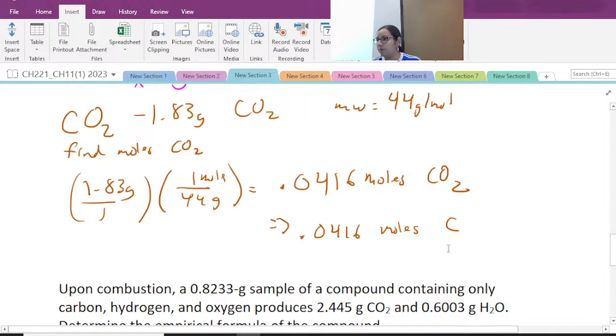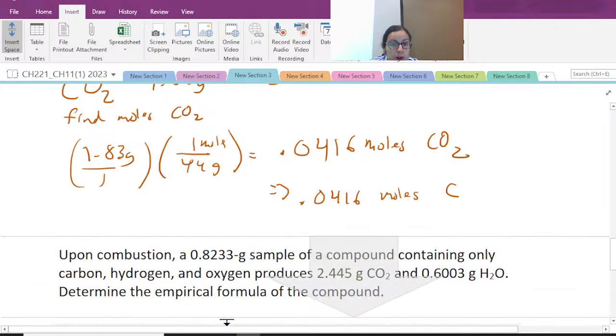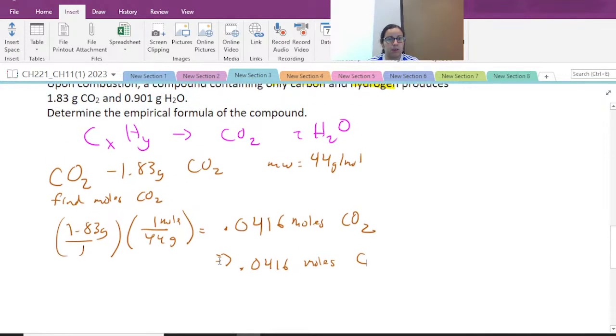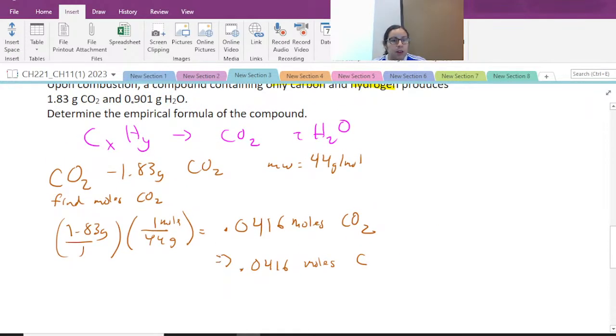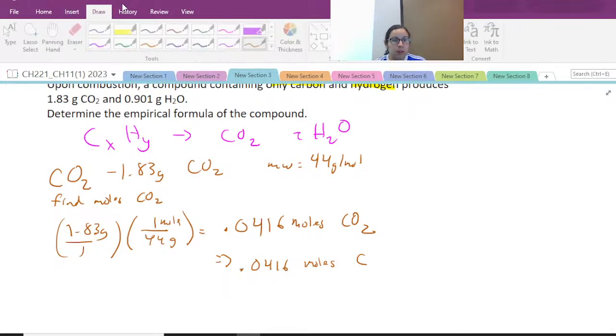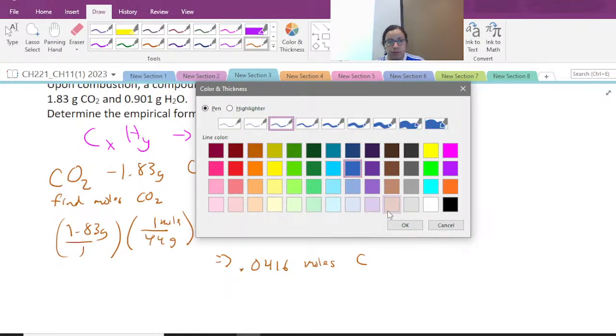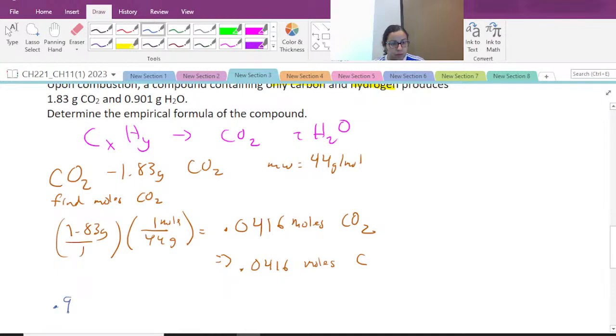So does everybody follow? Okay, excellent. And so now let's repeat that for water. I'll zoom out of here. So we had 0.901 grams of water. And of course, the molecular weight of water is 18 grams per mole.